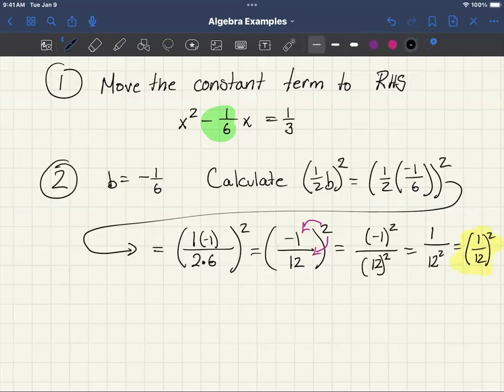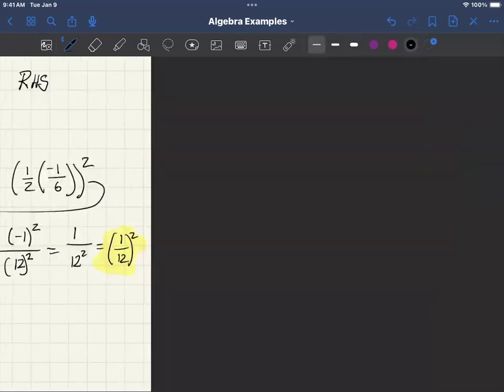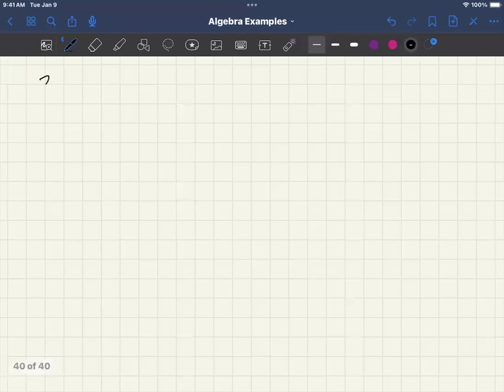All right, let's go to step number 3 now. We're going to add what we just computed to both sides of the equation.